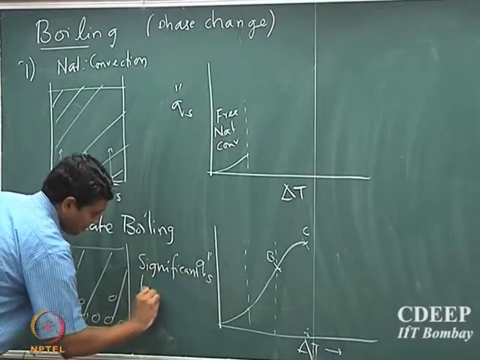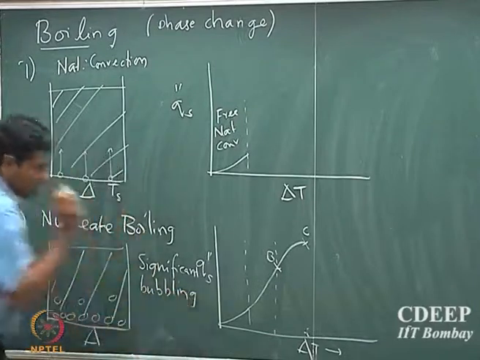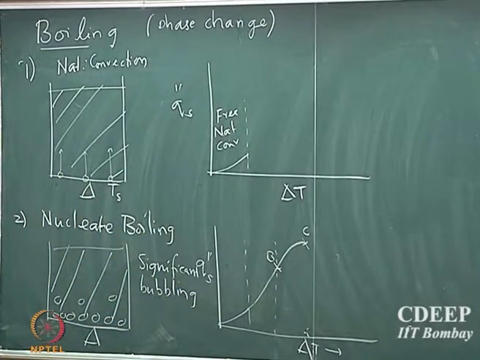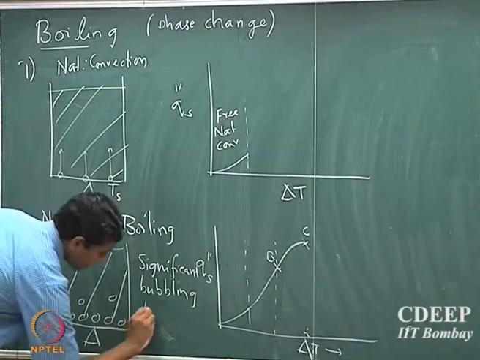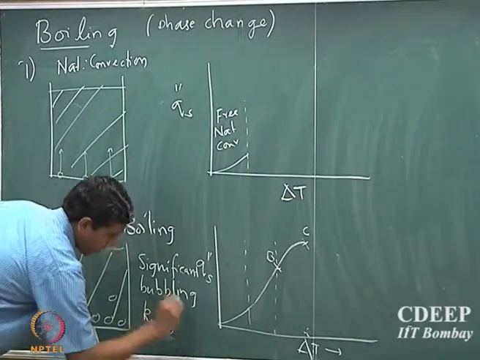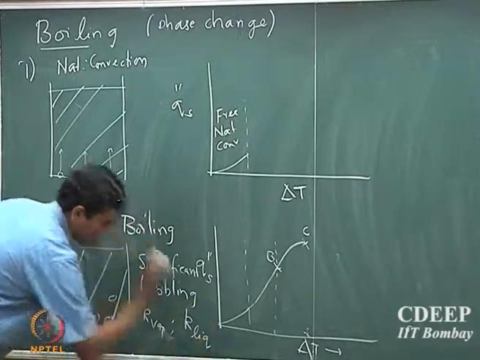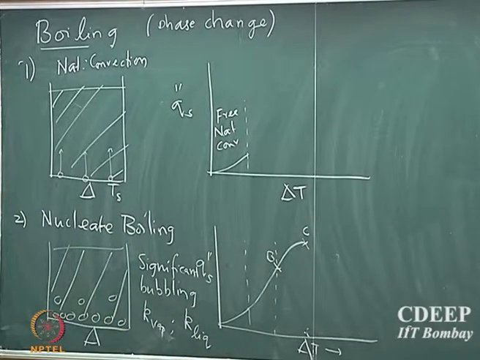So now the heat transport is not just by free convection, because a good fraction of the bottom surface is in contact with the vapor bubbles. Therefore the heat transport is going to be both because of the sensible heat carried by the vapor and the sensible heat carried by the liquid phase of the same fluid. So now the phase change has affected heat transport by both liquid and vapor phases.